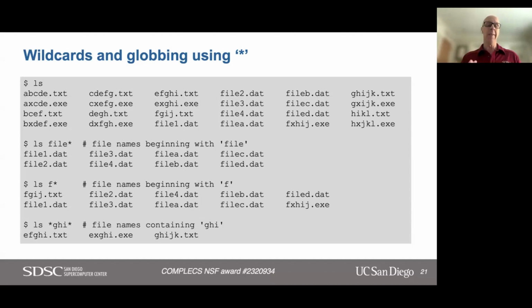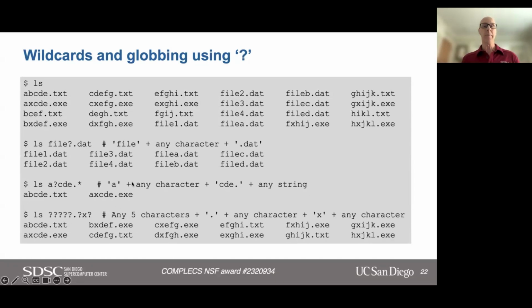One of the important things to note here is that we can use more than one wildcard. In that last example, we actually used 2 wildcards. We can also do globbing using the question mark. Recall that this matches any single character. So we're going to list the contents of our directory.